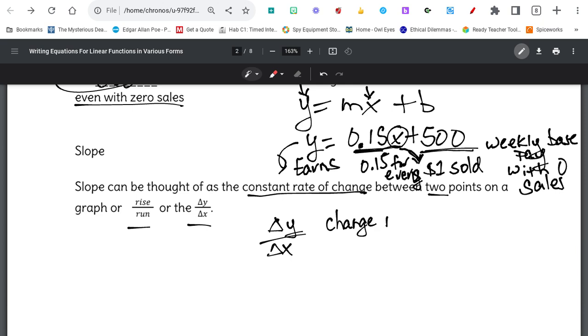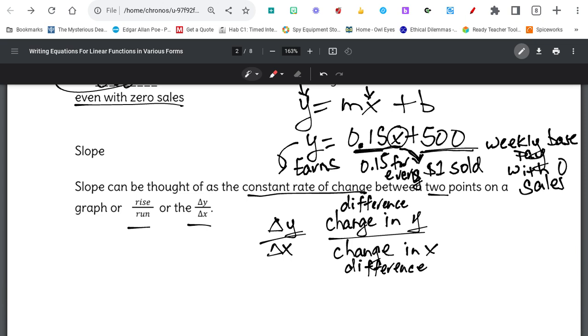This means change in y over our change in x. That's all that means. So when you think about the change in something, that's basically the difference. It's basically your difference in your y's and your difference in your x's, okay?